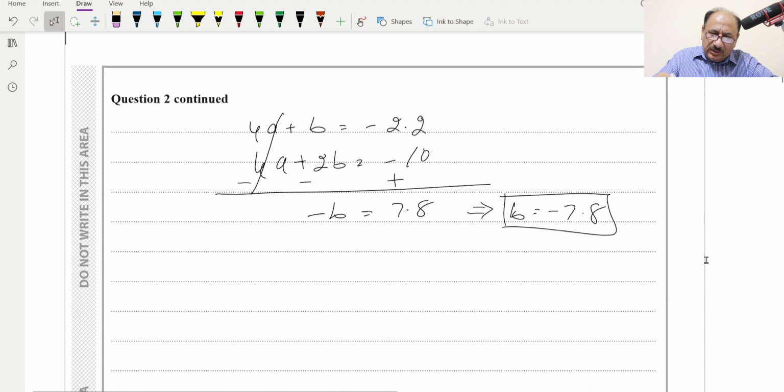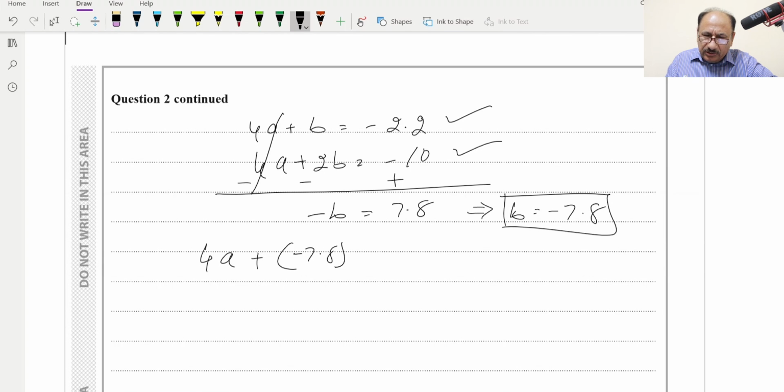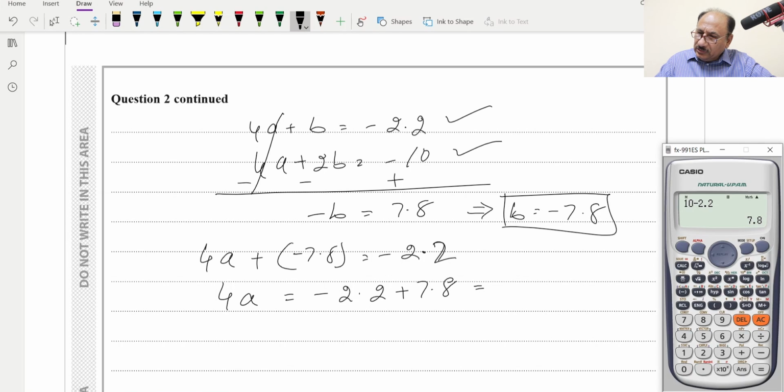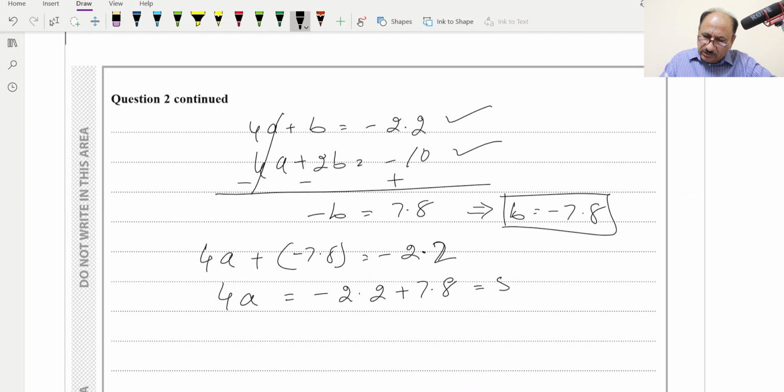Now we can replace in any of these two equations the value of b to get the value of a. So I will replace in 1. So 4a plus b value, minus 7.8, is equal to minus 2.2, and this will be 4a is equal to minus 2.2 plus 7.8, and this will be equal to what? 7.8 minus 2.2 is equal to 5.6.